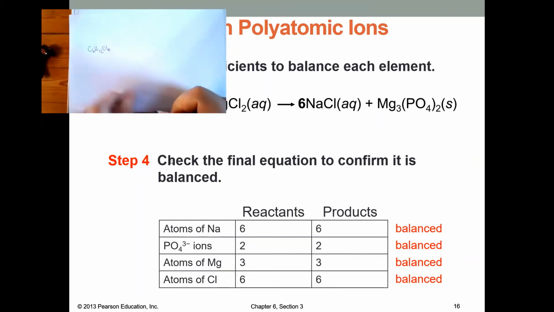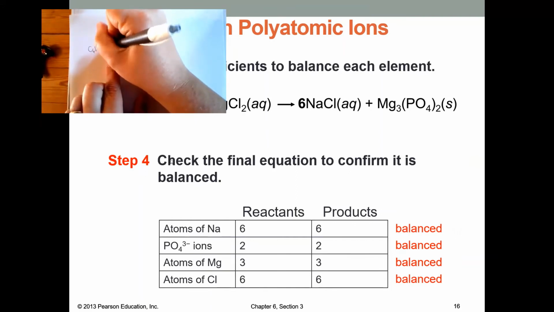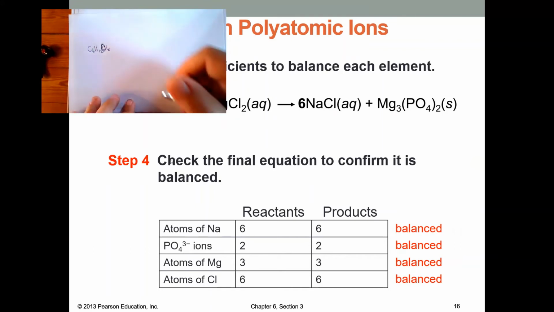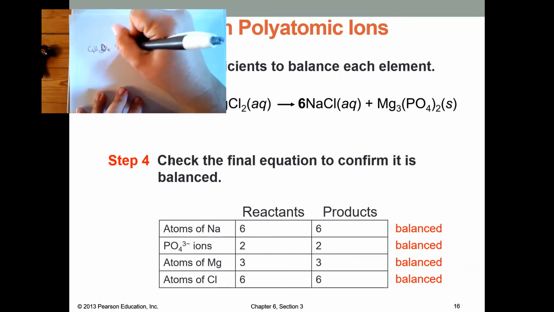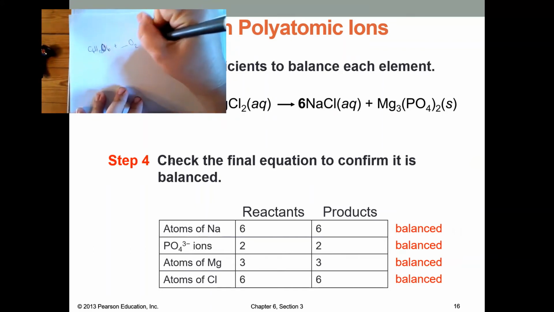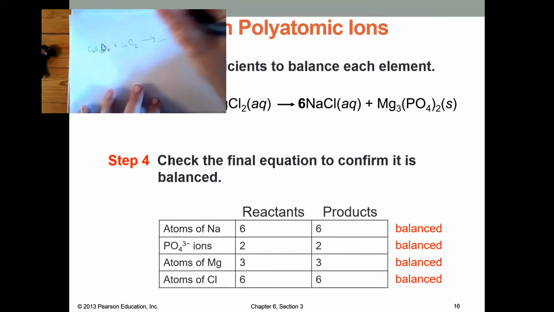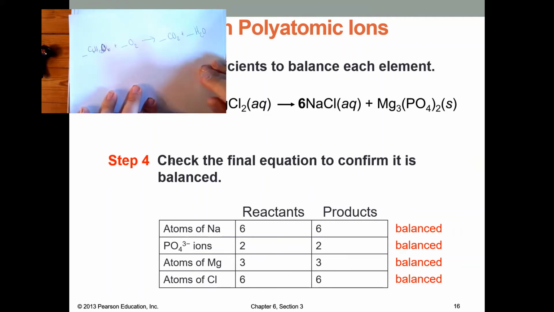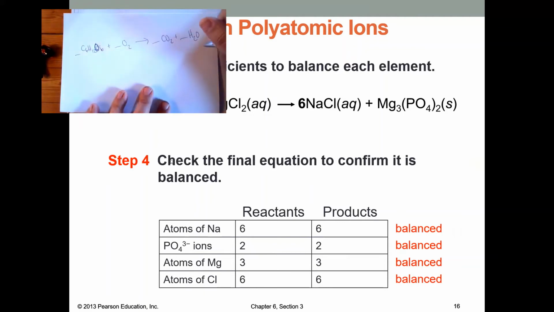Oops, sorry, my 6 went up really high. This is glucose, okay? Plus some amount of O2 is going to give me some amount of carbon dioxide and some amount of water, H2O, and then energy. Can't forget the energy when you break your food up.